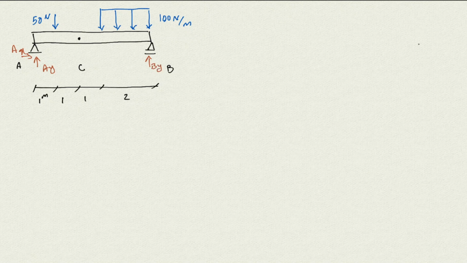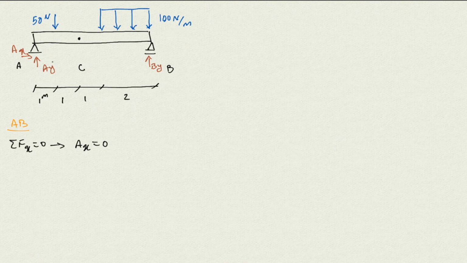So if I consider the whole AB section and write the equilibrium equation there, the first thing I can write is sigma Fx is 0. Therefore, if I look at here, the only force I have in the x-axis is AX. I have no other force in the x direction, so it's going to be 0.